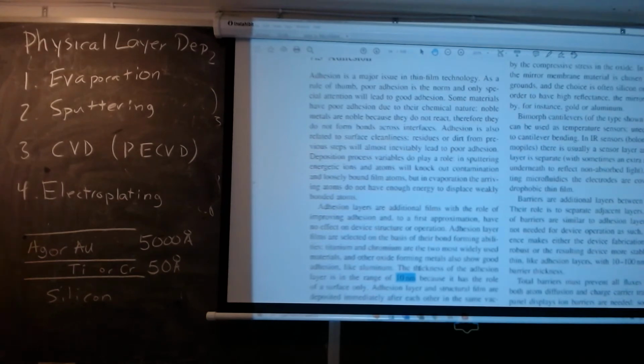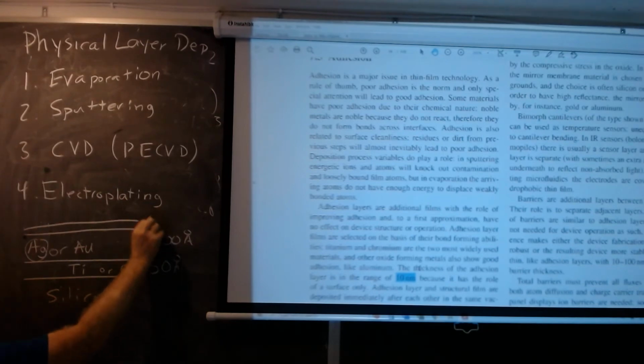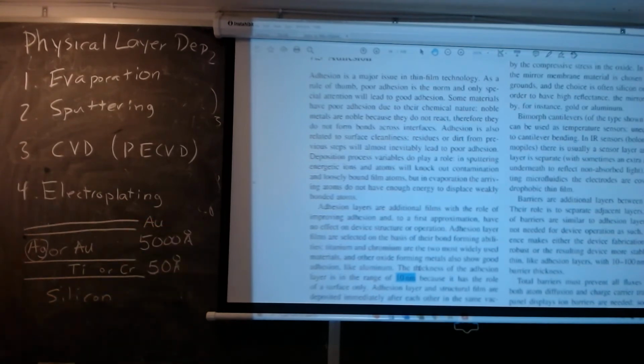So sometimes, if you use silver, for example, to make a layer a few microns thick, what I've done is I've then capped it with a layer of gold, and that's worked fine.